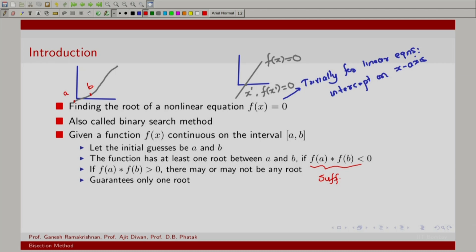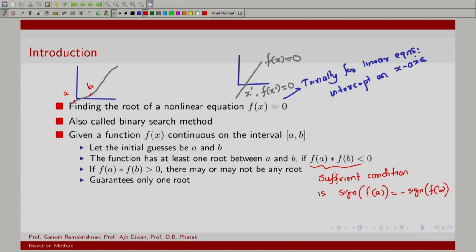So, sufficient condition is that the sign of f at a is minus of the sign of f at b. Well, this basically means that the product of f(a) and f(b) is negative.